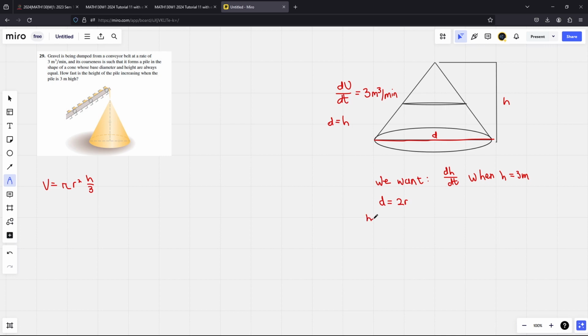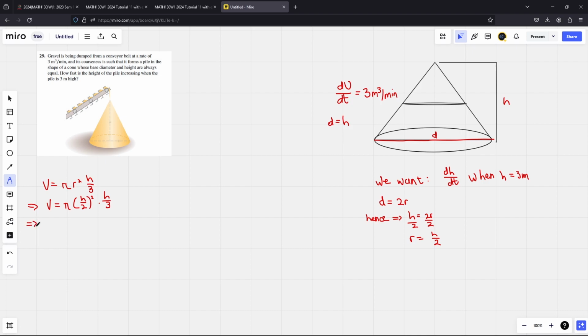So h is equal to 2r, and dividing both sides by 2, we get that r is equal to h over 2. So let's sub that in. That's pi times (h over 2) all squared, multiplied by h over 3.